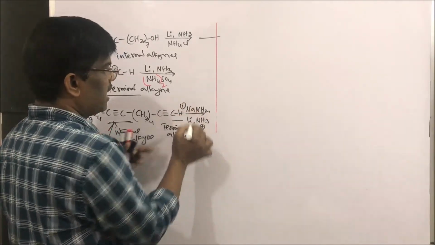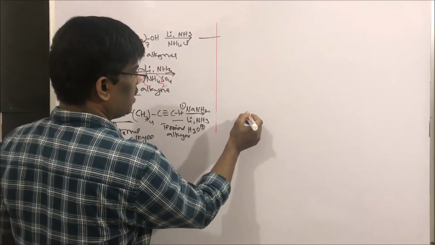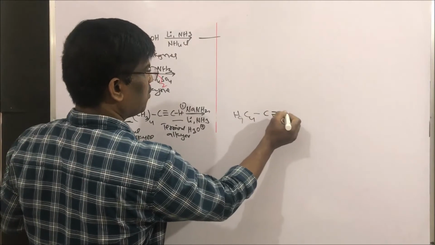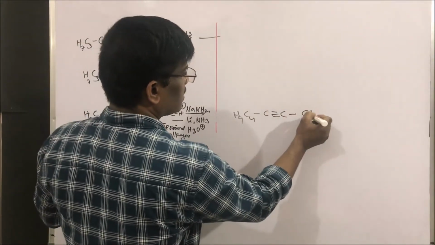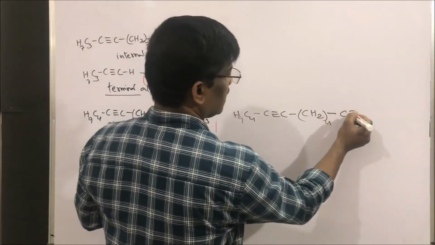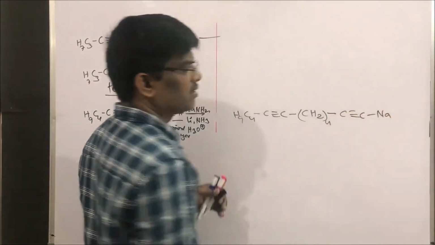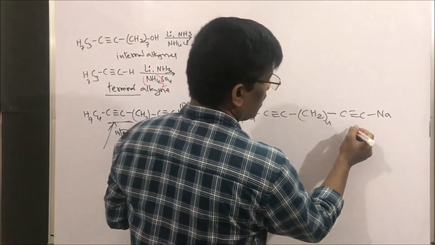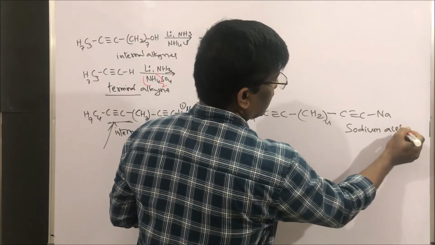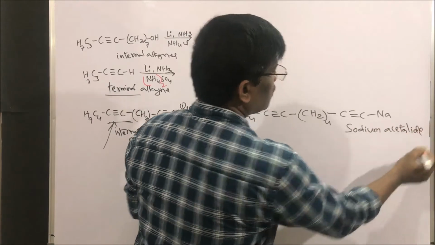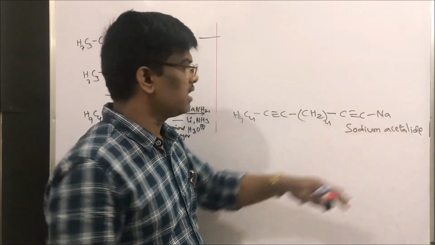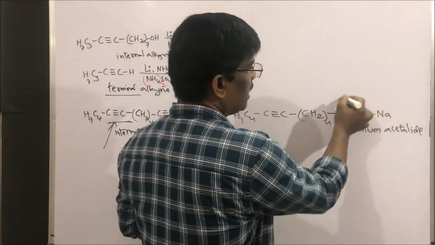So I am going to react it with sodium amide. It is going to give C4H9, C triple bond C, CH2 taken 4 times, and C sodium, the sodium acetylide. As long as it is in the form of the sodium salt, this group is not going to be reduced.